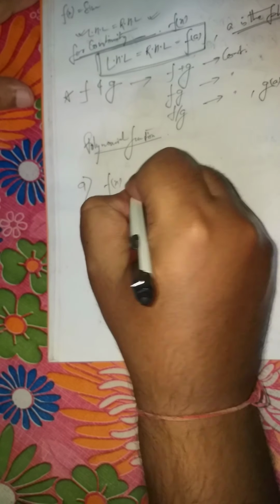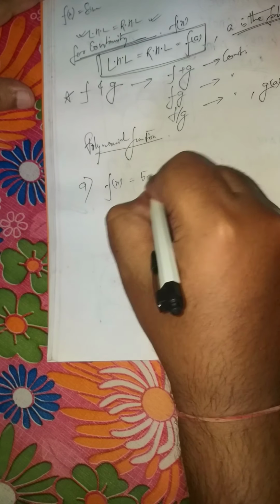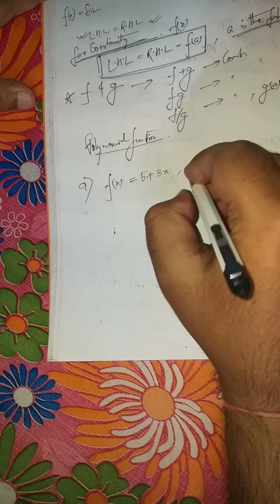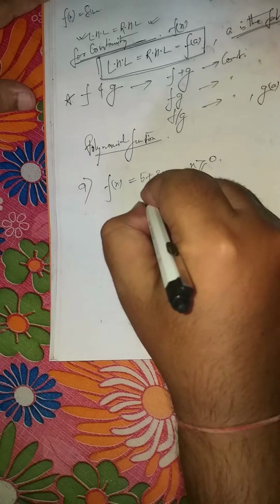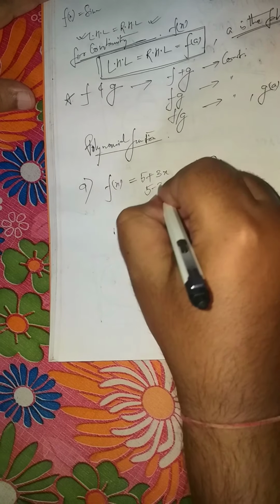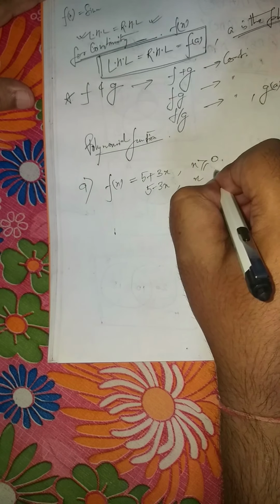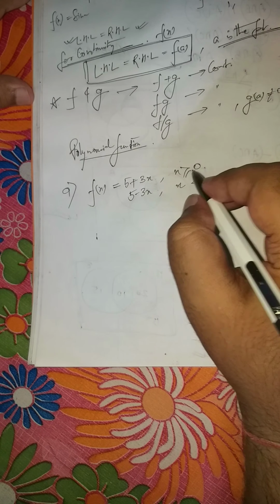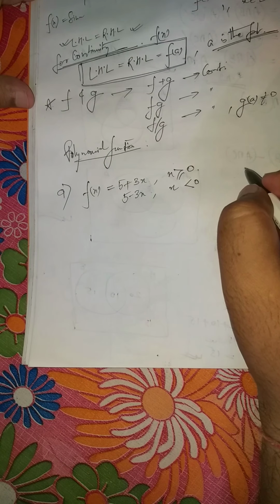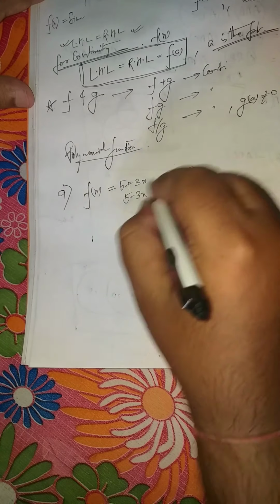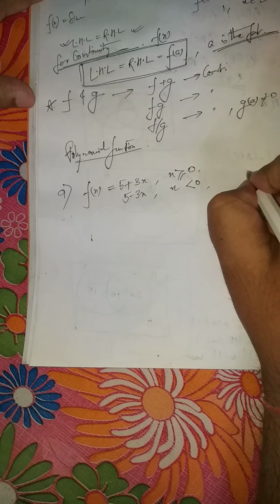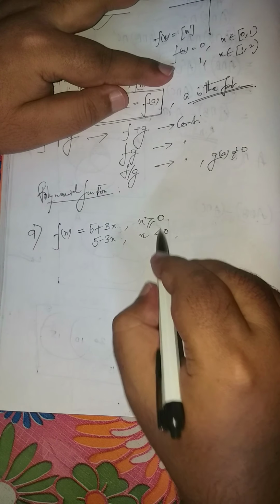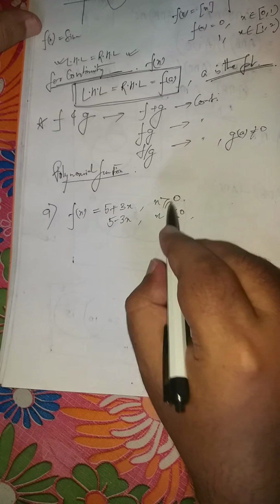Here a function is defined: f(x) = 5 + 3x for x greater than or equal to 0, and 5 - 3x for x less than 0. You have to prove that the function is continuous at x = 0. So here the value of a, the point, is 0. You have to check the function at the point 0.